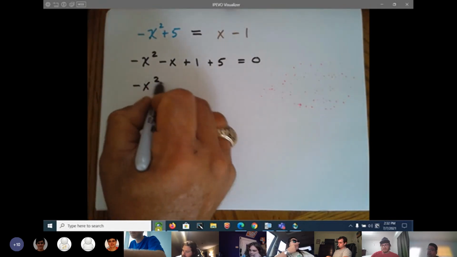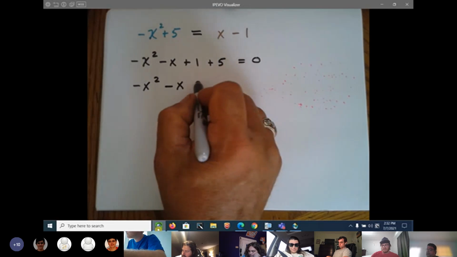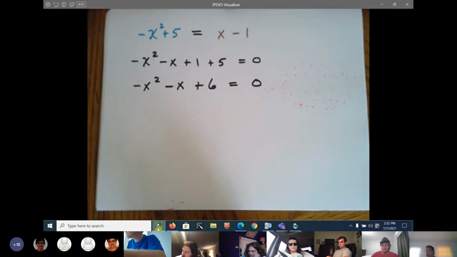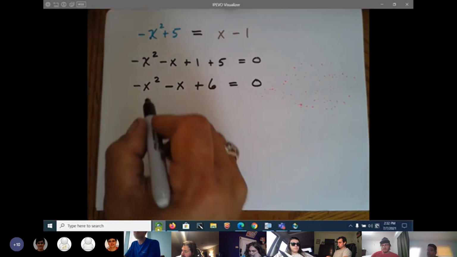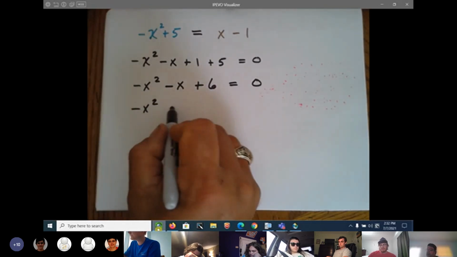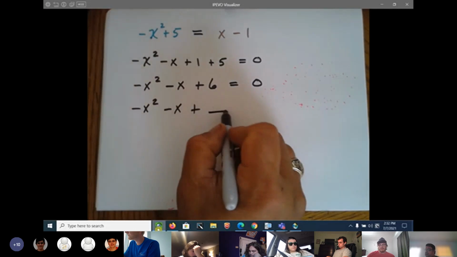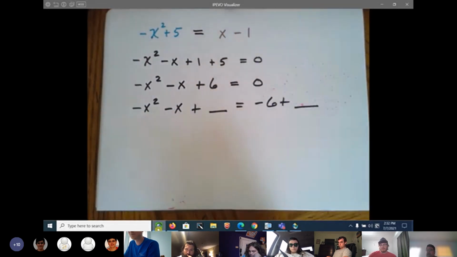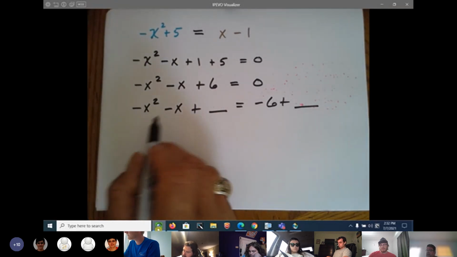Negative x squared minus x plus 6 is equal to 0. I'm going to use complete the square. Negative x squared minus x plus blank is equal to negative 6 plus blank. Factor out a negative 1.